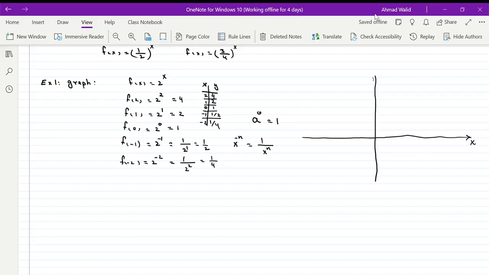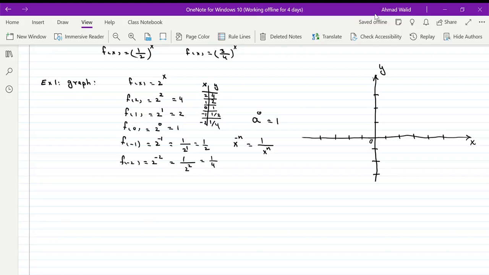Here x, here y, 1, 2, 3, 4, 5, -1, -2, -3, -4, 1, 2, 3, 1, -1, -2, -3, here 0.